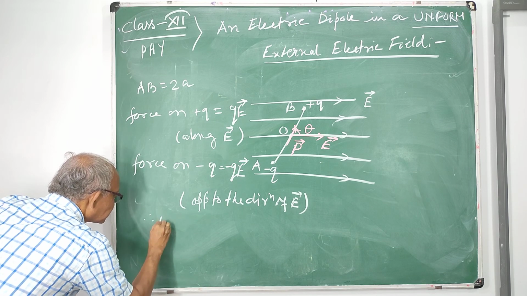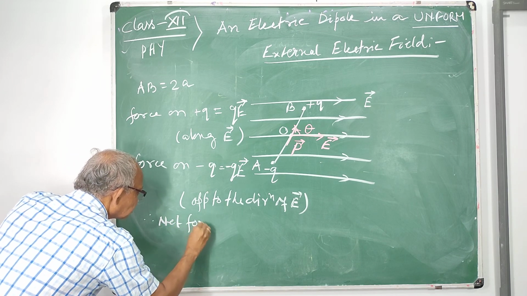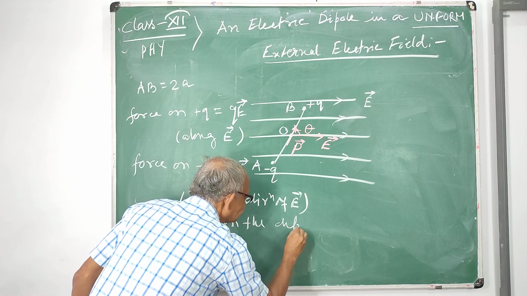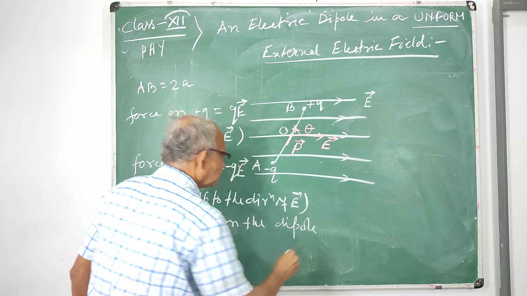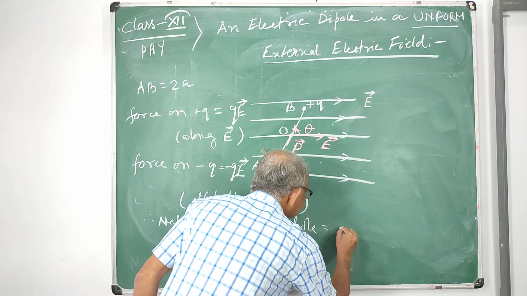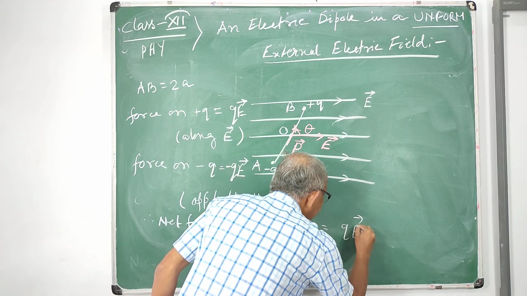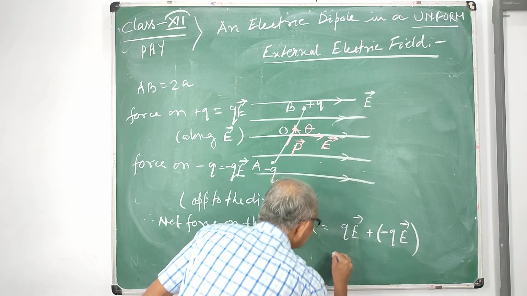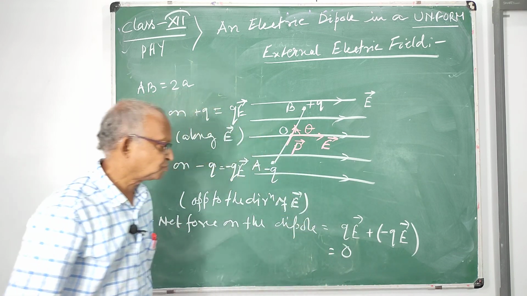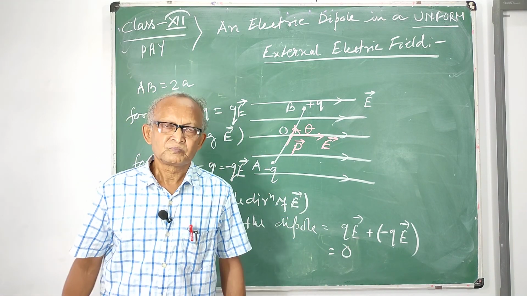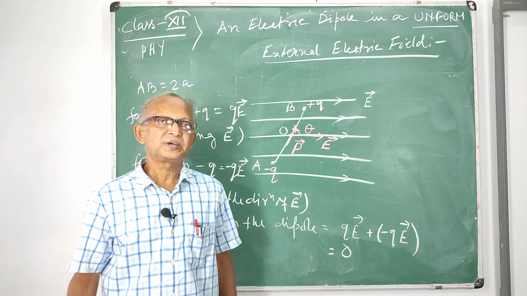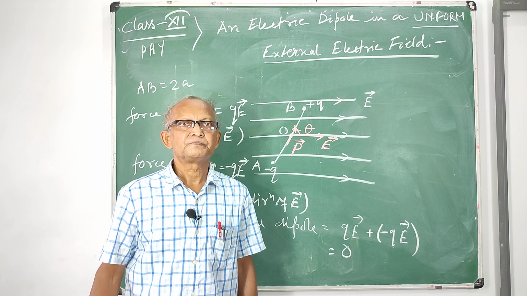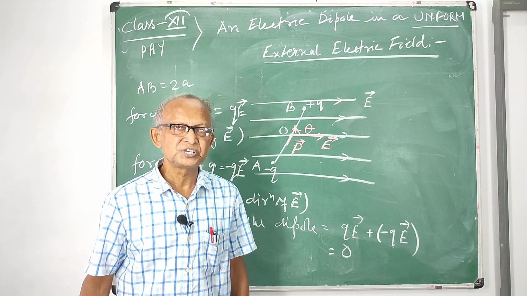Therefore, net force on the dipole equals zero. So very important result. When an electric dipole is placed in a uniform external field, the net force on the dipole is 0.